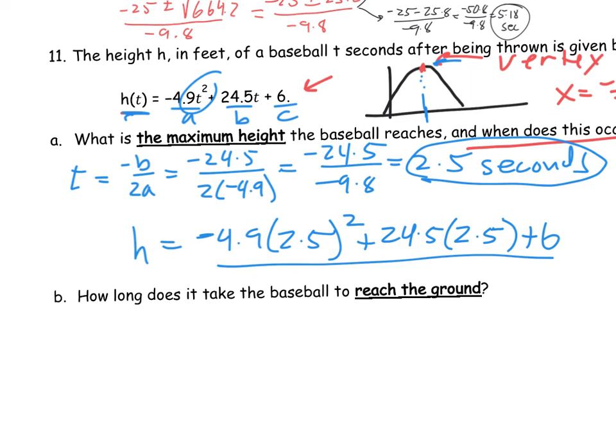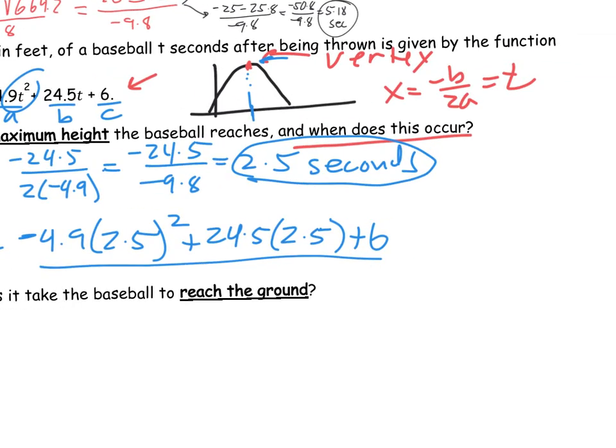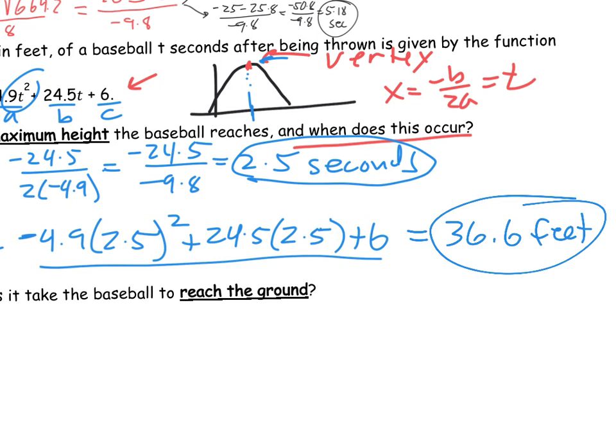Squared plus 24.5 parentheses 2.5 plus 6. And that gives me a grand total of 36.62, so I'll say 36.6 feet. That's the maximum height of the baseball, and it occurred at 2.5 seconds.